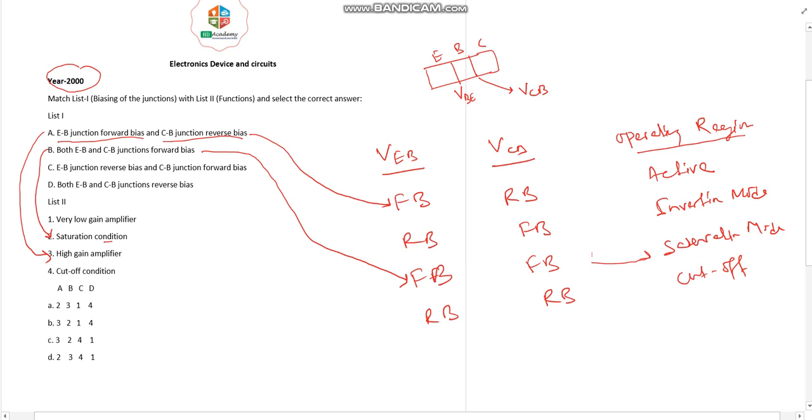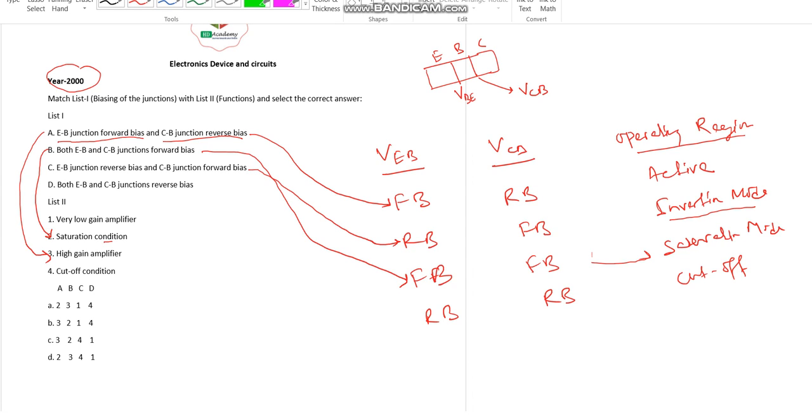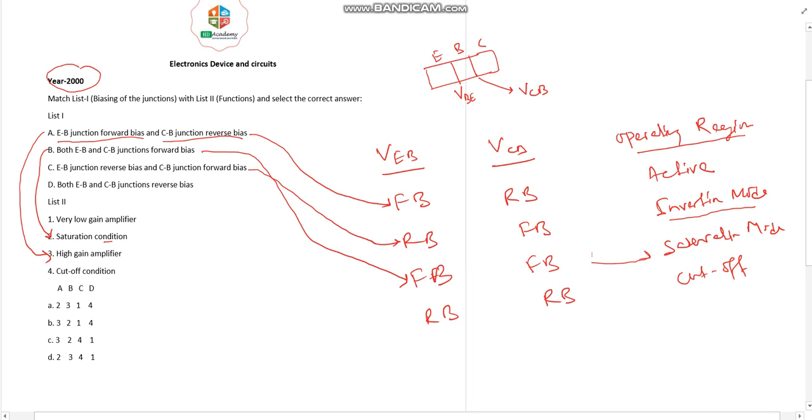Now C: the emitter-base junction is reverse biased and the collector-base junction is forward biased. This is the condition for inversion mode. In inversion mode a small leakage current flows, so it can be a very low gain amplifier.